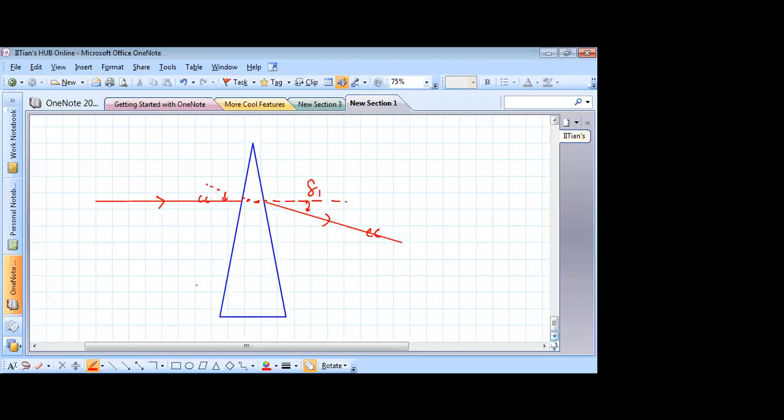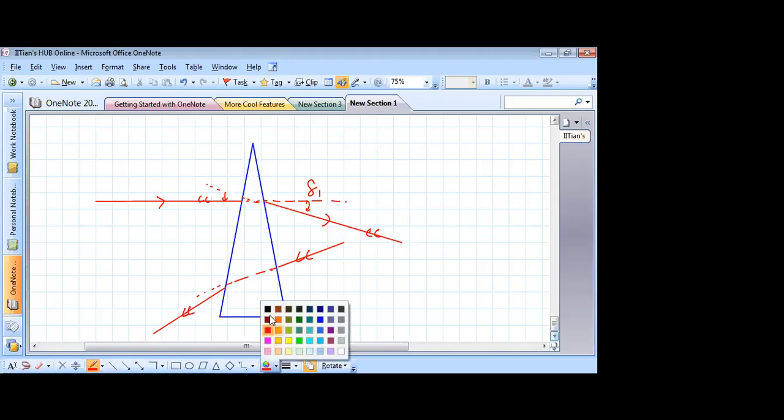So in another case, if light is incident like this, that is why it is coming out like this, because you just apply reversibility to this ray now.